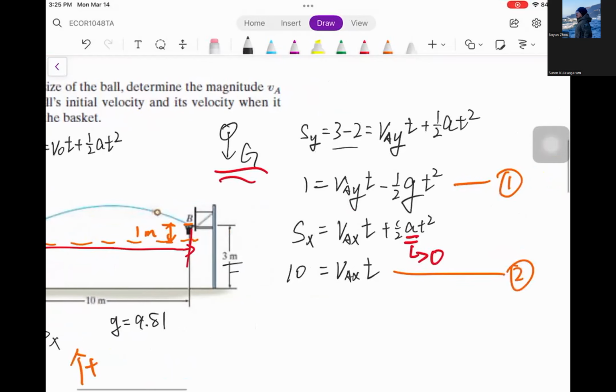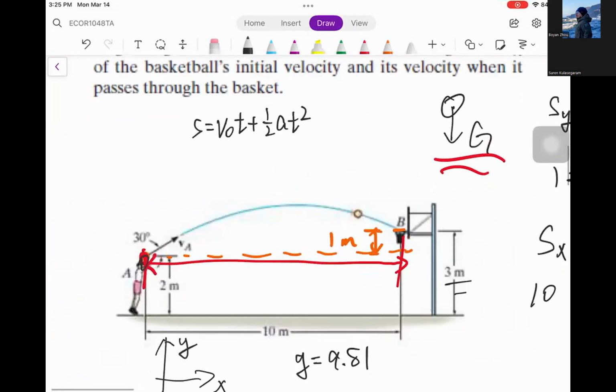And the third one, we know an angle here, 30 degree. If we draw this one bigger as VA, and this one is Vx, and the other one is Vy.